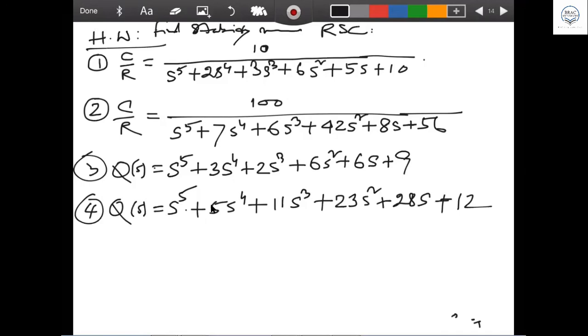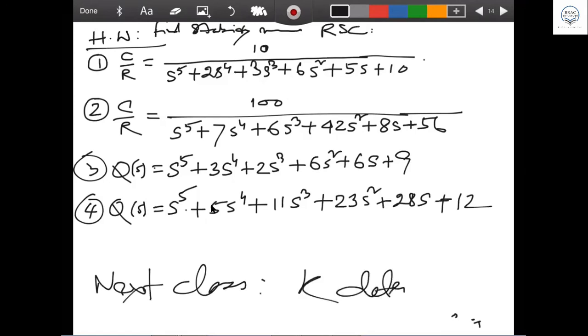And in the next class, I'll show K determination. After the K determination class, you can solve the problems already uploaded in lecture 13, the next lecture.